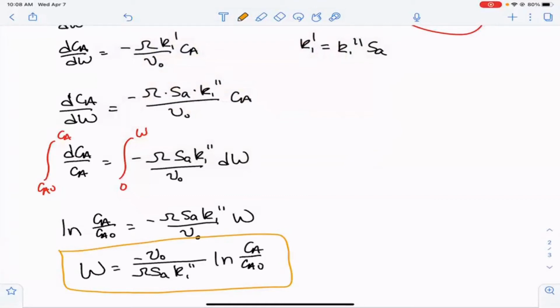Now, this might look very straightforward, but here's where the problem actually becomes complicated. We have this functional form. We actually know what the final concentration is going to be, right? We want it to be 0.004%, and we know the initial is 2%. We're given SA in the problem. We're given K1 double prime in the problem.